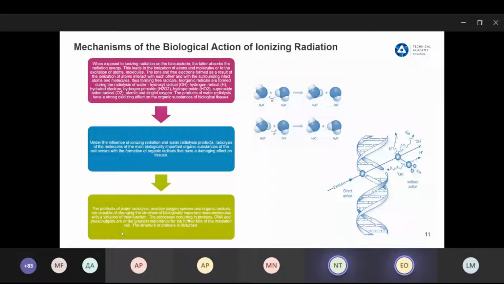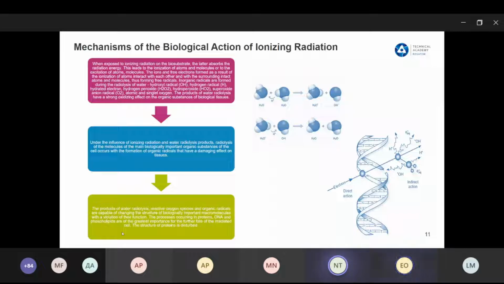The products of water radiolysis, reactive oxygen species and organic radicals, in turn are capable of changing the structure of biologically important macromolecules with violation of their function. The processes occurring in proteins, DNA, and phospholipids are of the greatest importance for the further fate of the irradiated cell.